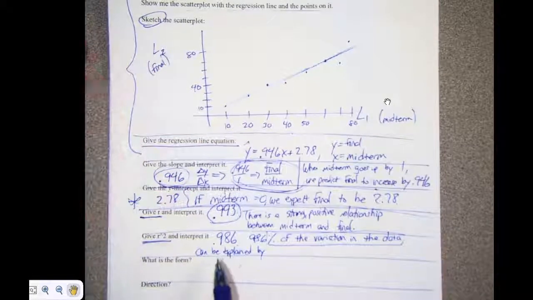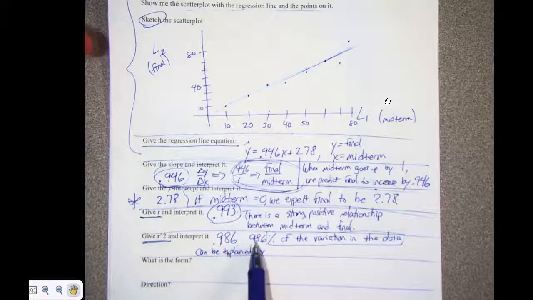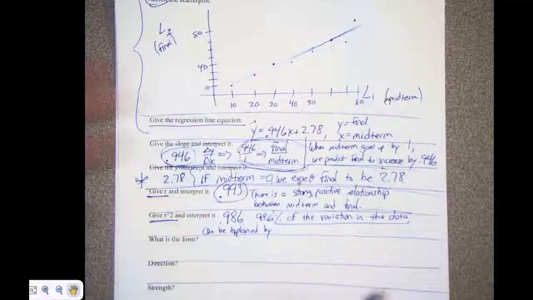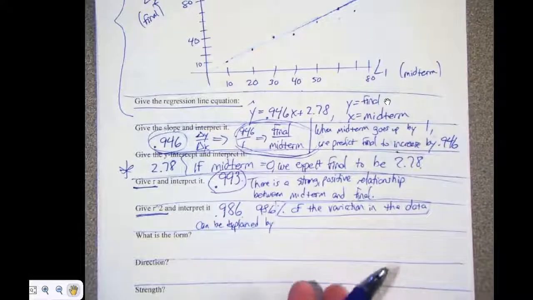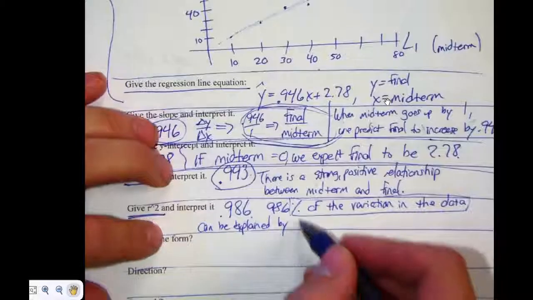So basically I'm saying this is pretty darn near 100, right? So it's almost saying like nothing matters except your midterm score. Which isn't really true, but in this example, there's only like 1.4% that doesn't have to do with the midterm. So 98.6% of the variation in the data can be explained by the regression line.